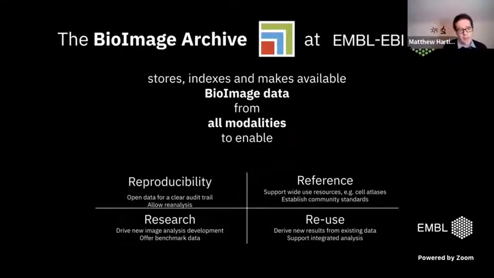The first one is to improve scientific reproducibility of results that rely on imaging data. Imaging has been used in science for a very long time, but increasingly that dependence is quantitative.